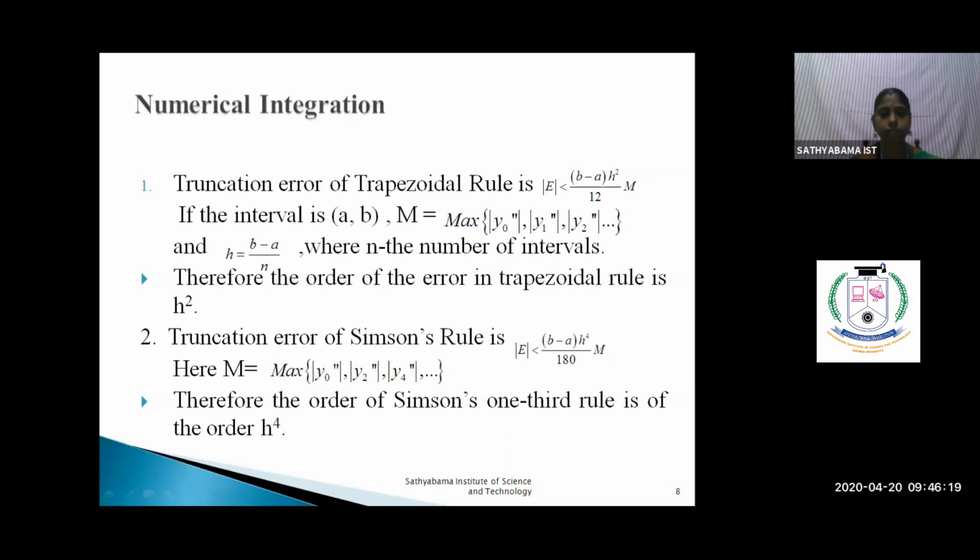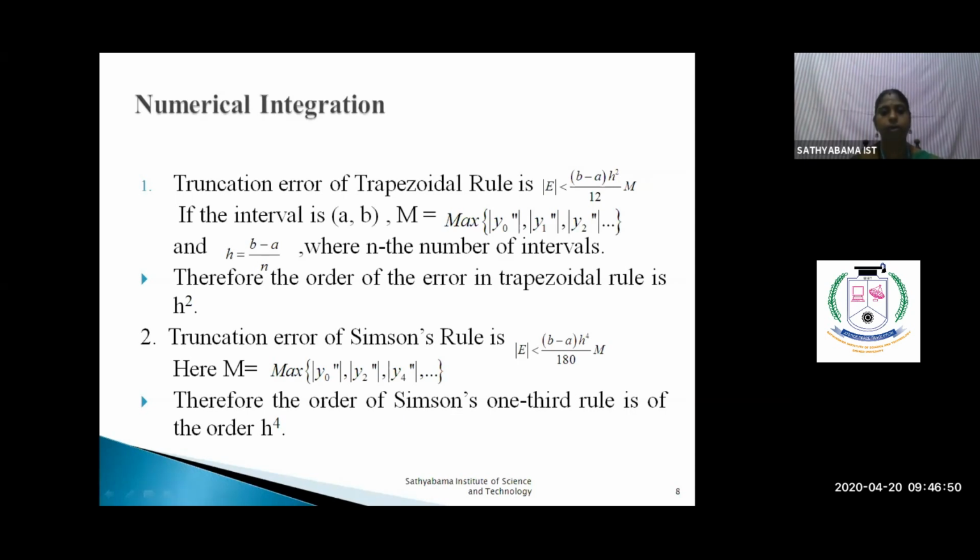If n is not mentioned in the question, where it says to divide the data into this many intervals, you can always take n equal to 6. Is it clear why we are taking n equal to 6? Because the least number 6 satisfies all the 3 conditions of those formulas: trapezoidal, Simpson's 1/3 and Simpson's 3/8 rule.